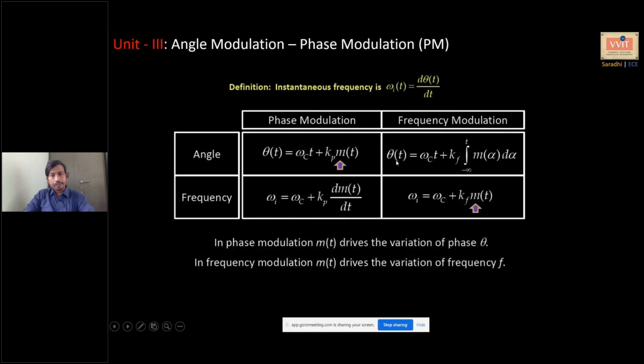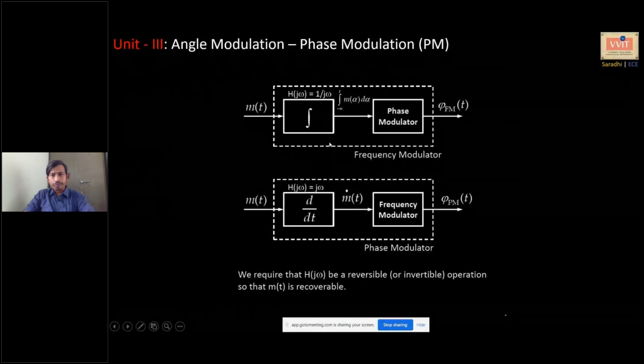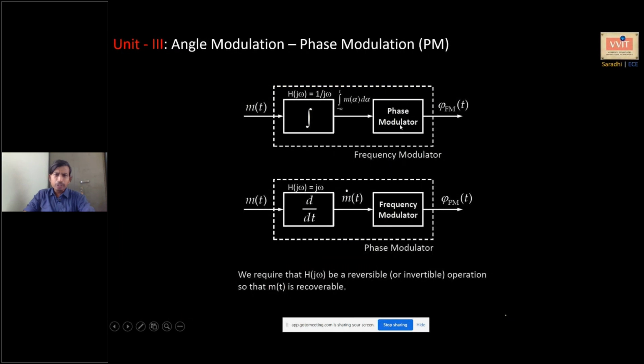Similarly, you can always obtain FM from a phase modulated signal using a phase modulator. Integrate the message signal first, and then apply that integrated message as input to the phase modulator, which gives the FM signal. So you can obtain one using the other modulator.